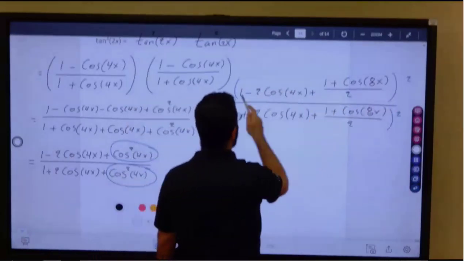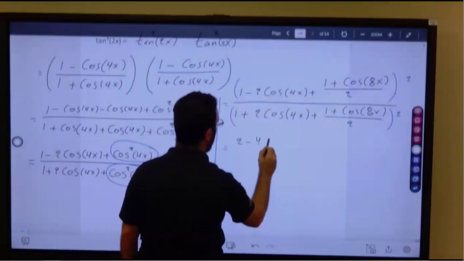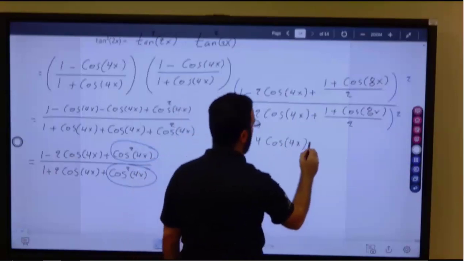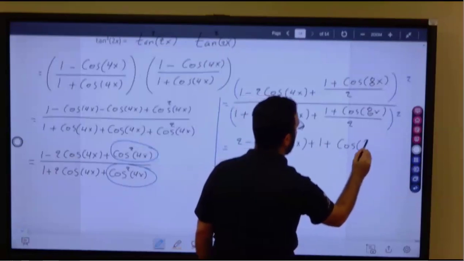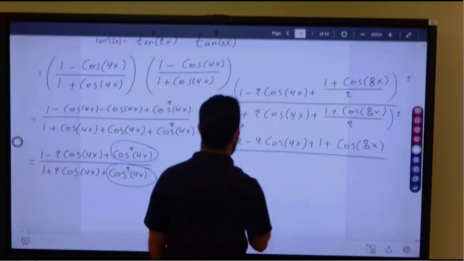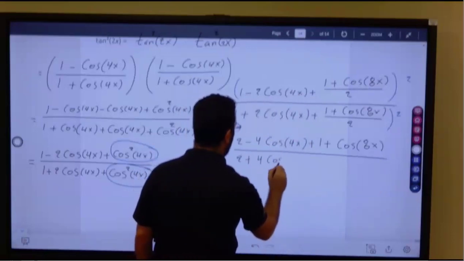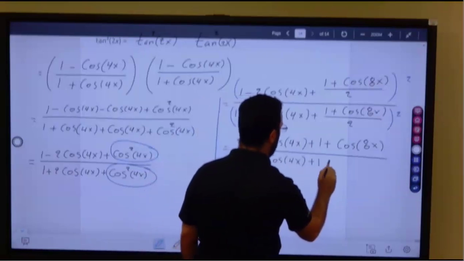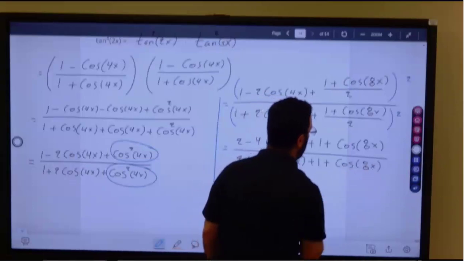So it's going to be 2 times 1 is 2, minus 4 cosine 4x, plus 1 plus cosine 8x, and divided by 2 plus 4 cosine 4x plus 1 plus cosine 8x.